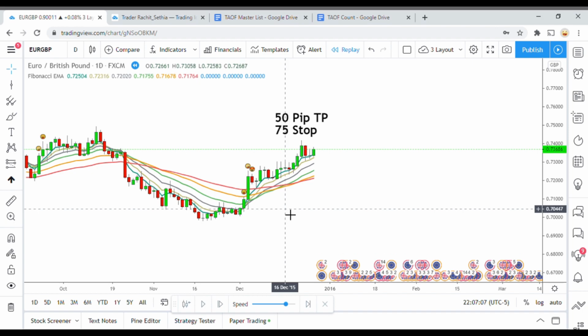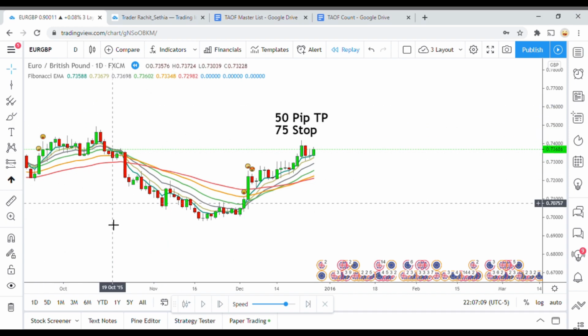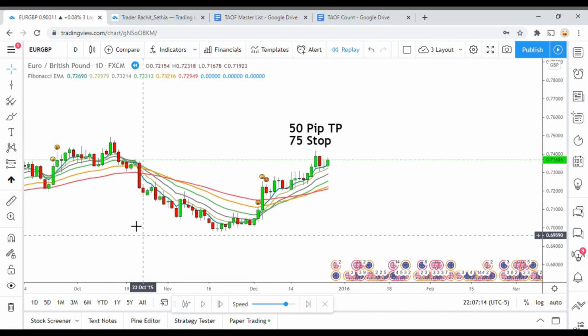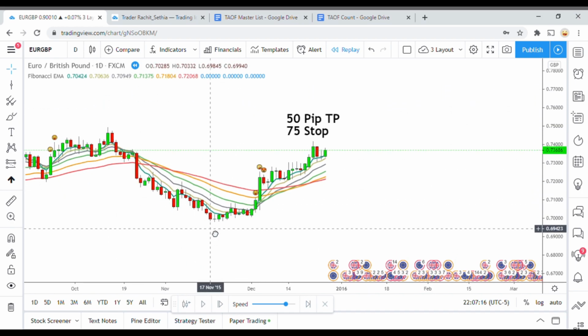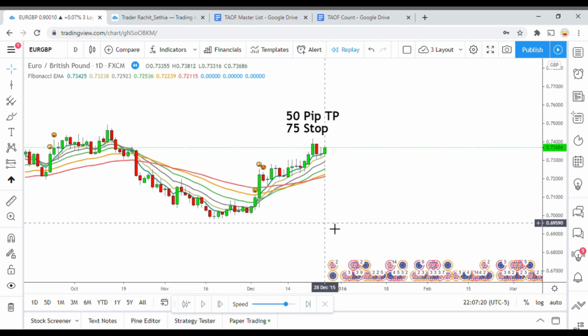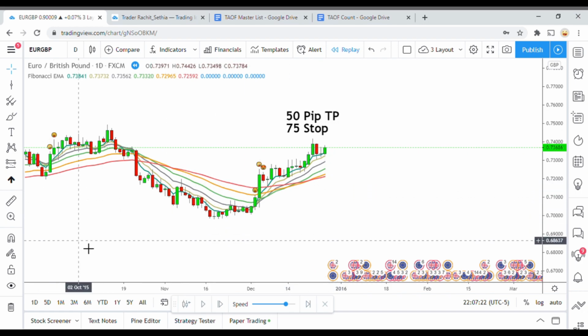That's why, again, you'll see me often test moving averages or indicators that are based around moving averages, even though we have done this multiple times before.